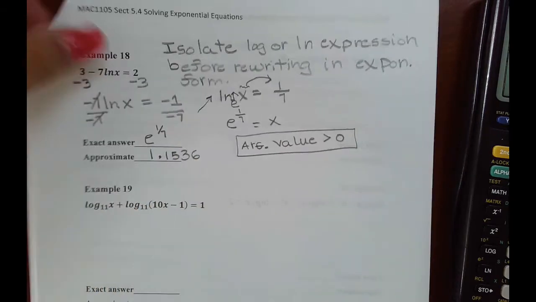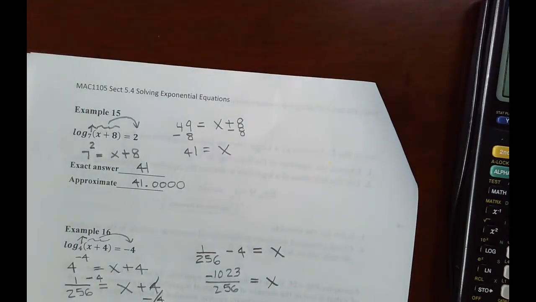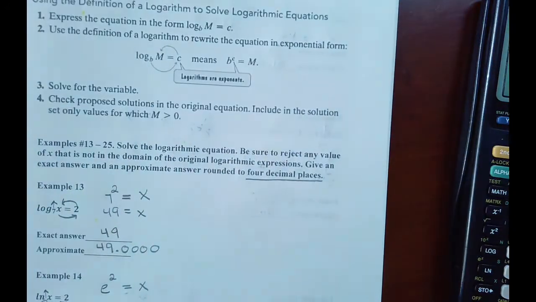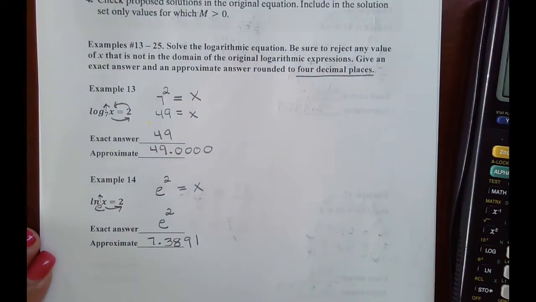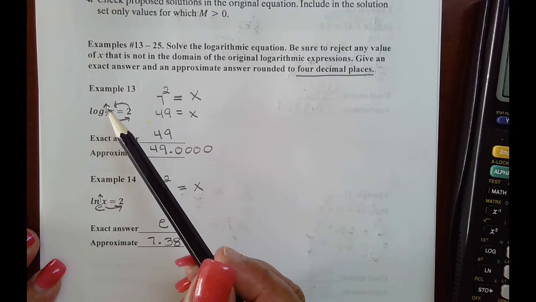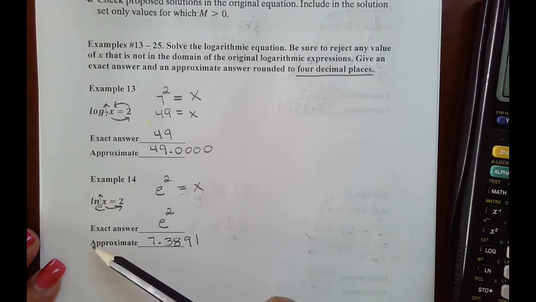Okay, let's go check out the other answers that we've gotten using this technique. So let's see, I think these started back on example 13, where we were getting answers that belonged to problems that were originally written in the log form.